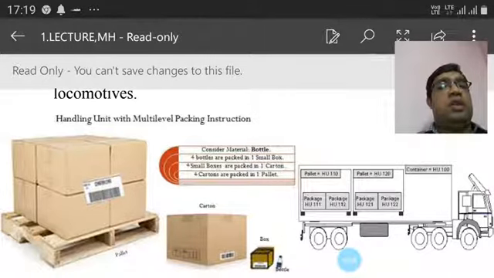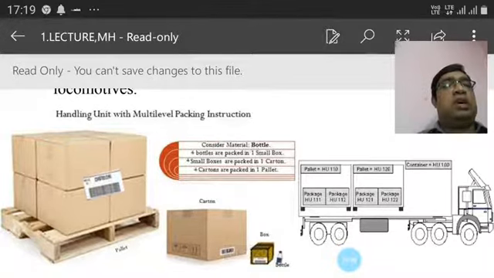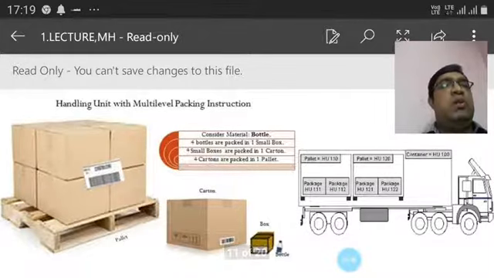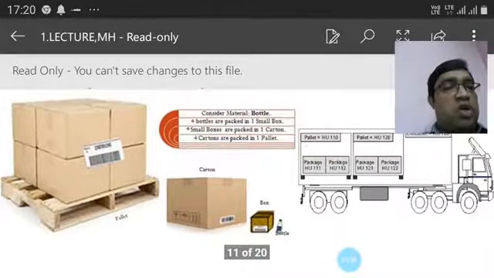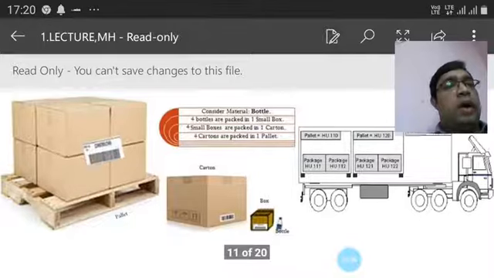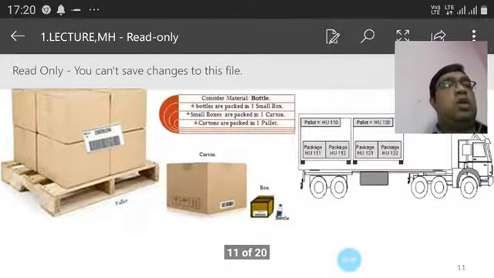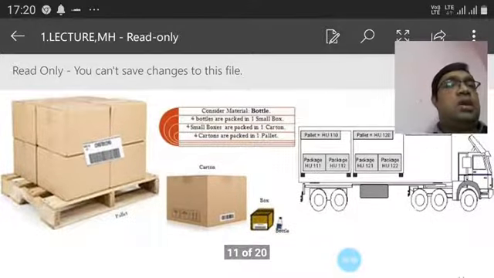Using these pallets you can very easily transfer the cartons without touching them, because you just put your hand to the pallet and very easily put it on. Another thing, you can see the carton, the box and the bottle. All these things you have to transfer through your materials handling procedures.